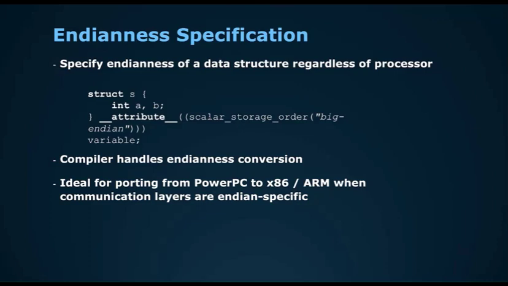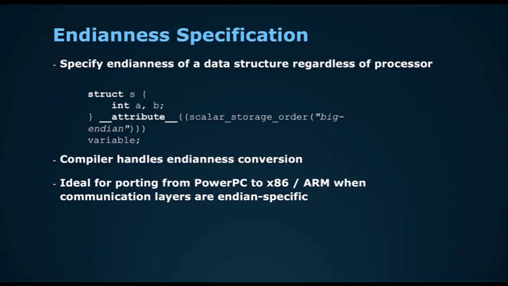You'll want to specify the scalar storage order on. And then instead of doing the manual flips in your code, the compiler can insert that code for you, ensuring that the code is correct. This will save you a lot of time and will save you a lot of debugging just in case someone accidentally set up the bit or byte flips incorrectly.